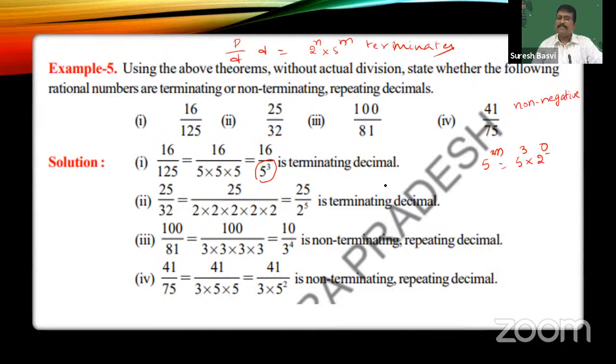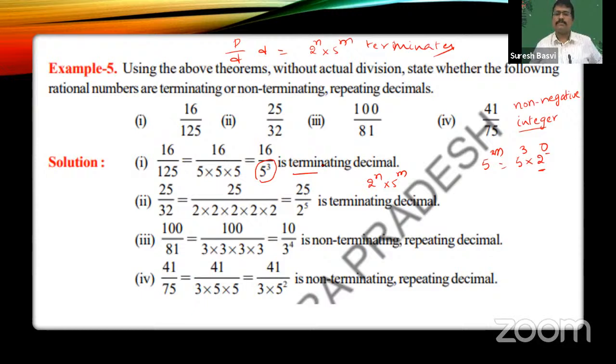That's why if q is in the form of 2 power n into 5 power m, where n, m are non-negative integers, it is going to be terminating అని చెప్తాము. Okay? So it is a terminating decimal.